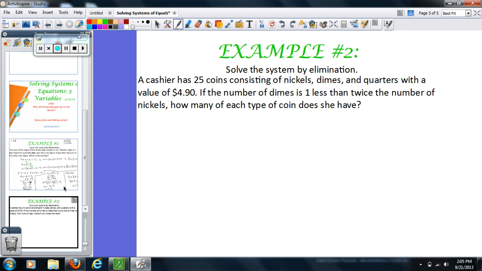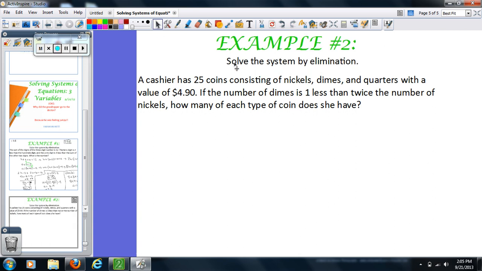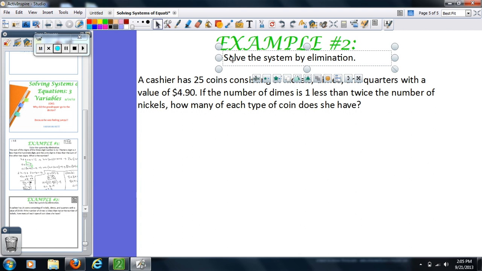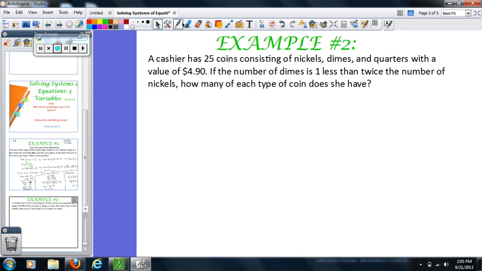Okay, so now let's look at example number 2. Let's see if I can move this up a little bit and give us a little bit more space here. I'm actually just going to delete that. Okay, so for example number 2, it says a cashier has 25 coins consisting of nickels, dimes, and quarters. Now that tells me that I have a total of 25 coins, of which some are nickels, some are dimes, and some are quarters.